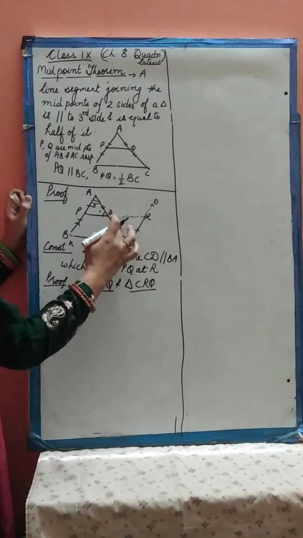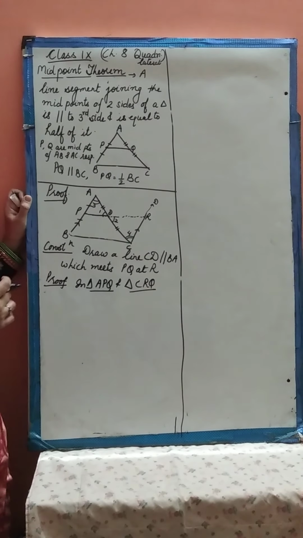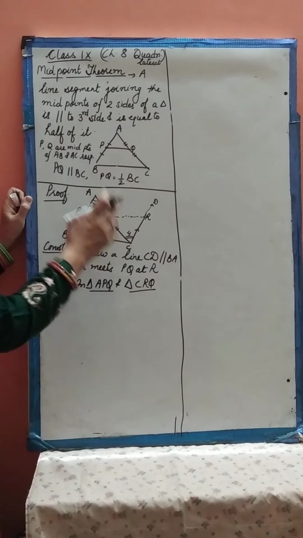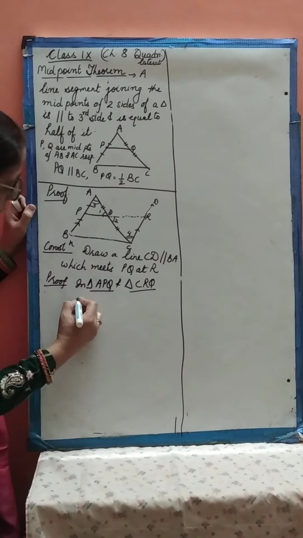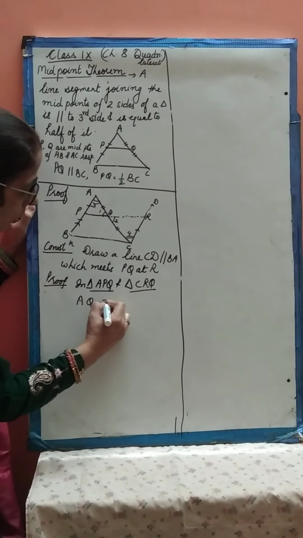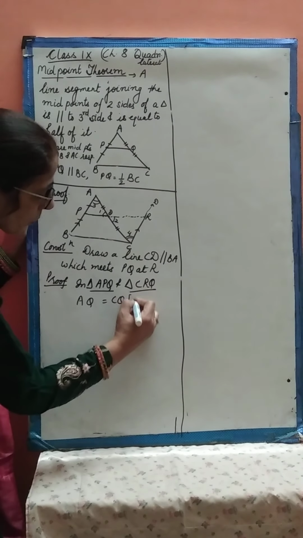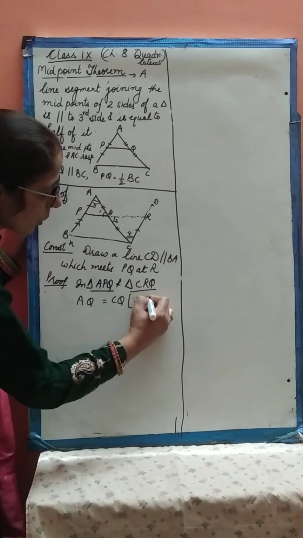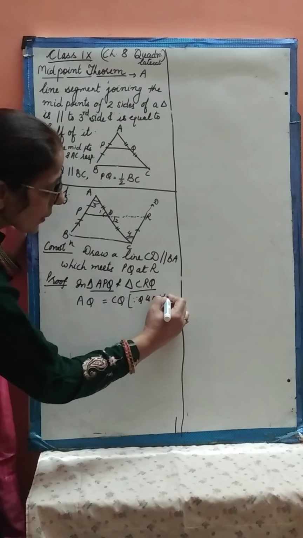This AQ side is equal to CQ side. Why? Because Q is the midpoint of AC. AQ is equal to CQ because Q is the midpoint of AC.